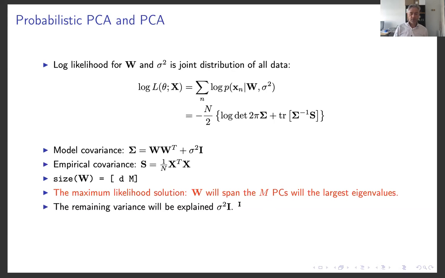And then the maximum likelihood estimate of the variance here will correspond to the sum of the remaining eigenvalues from M+1 up to D.